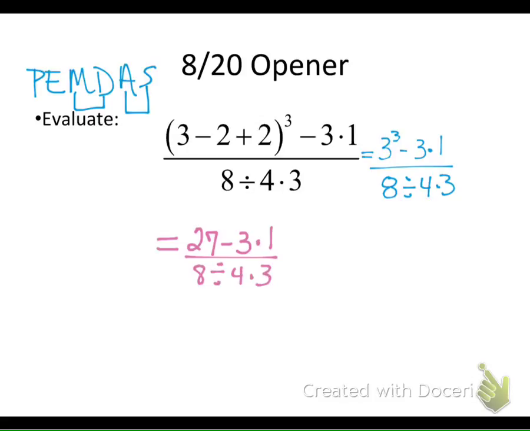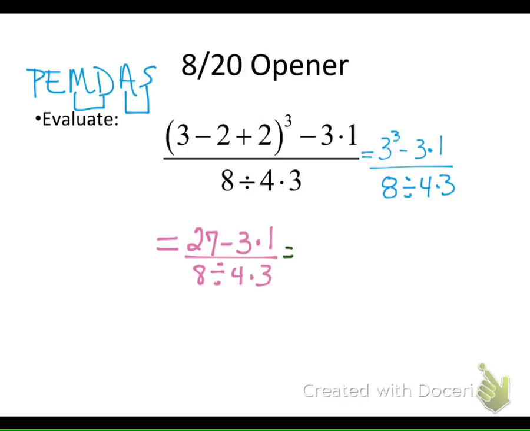Now let's go ahead and start solving all this together here. So when I go to work on the top again, I have 27 minus 3 times 1. What do I do next, John? What operation am I going to do next? Multiplication or subtraction? Okay, so what am I going to multiply in that top one? 3 times 1.